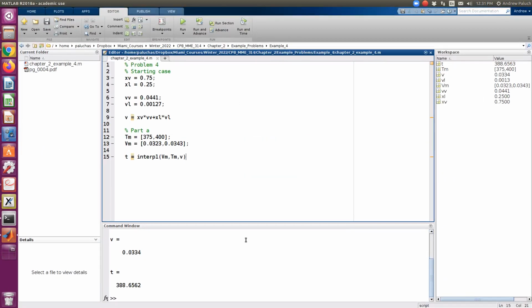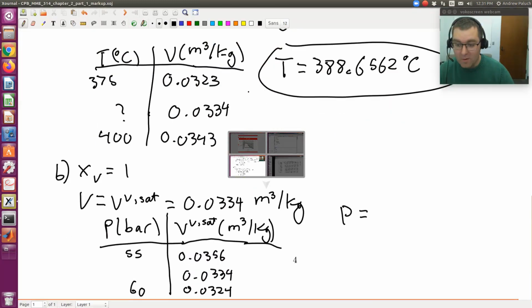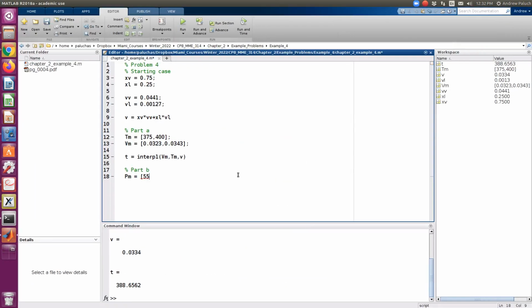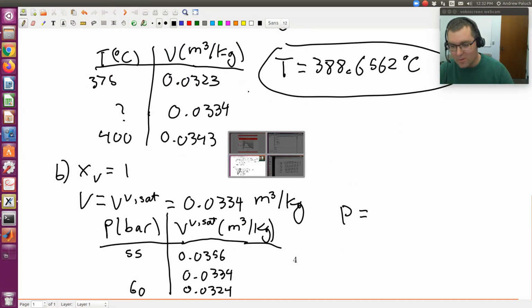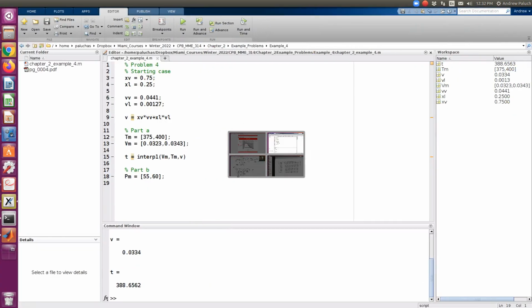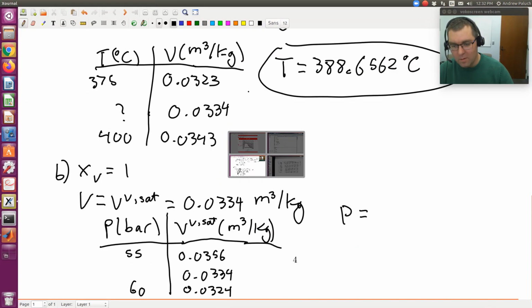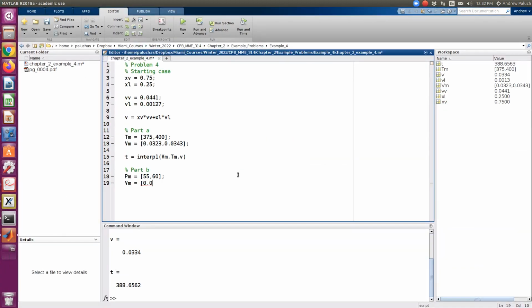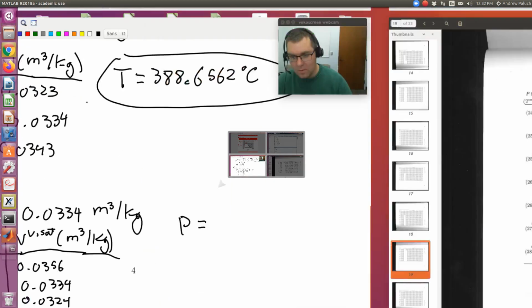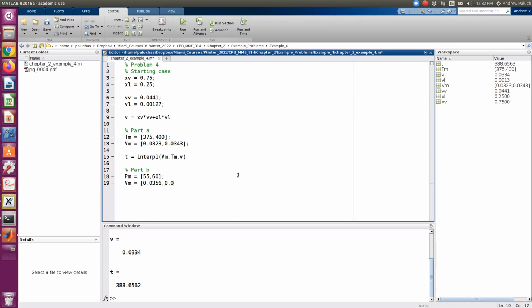So again, I'll come back up to MATLAB. This will be part B. Now I'm going to have a vector of pressures, which is just 55 and 60. We could do fancy interpolation, but I'll just stick with two points. My vector of volumes is now 0.0356 and 0.0324.